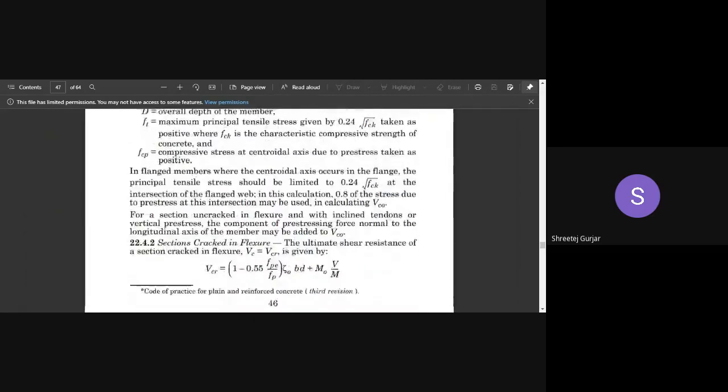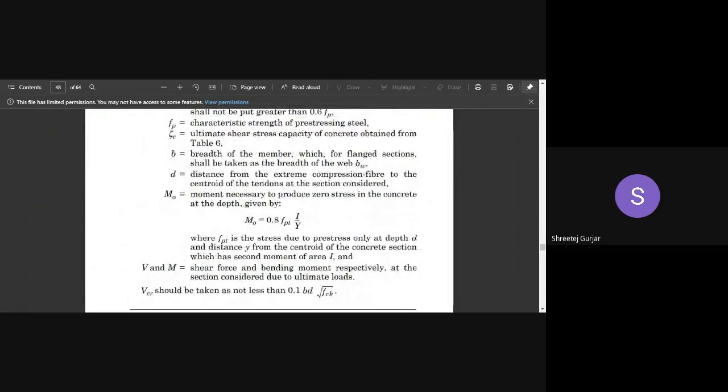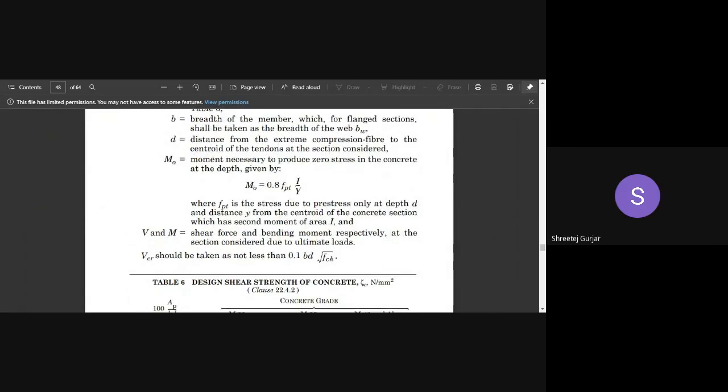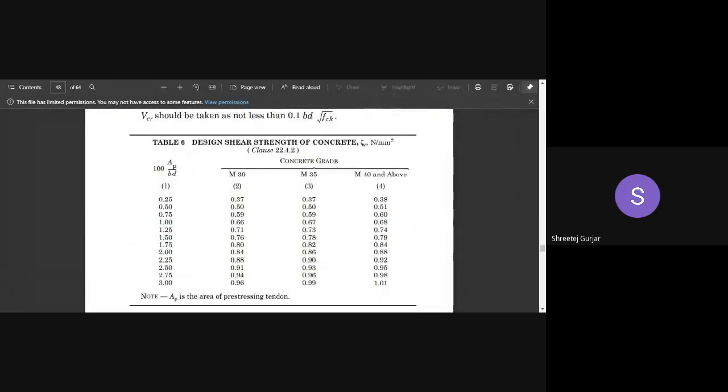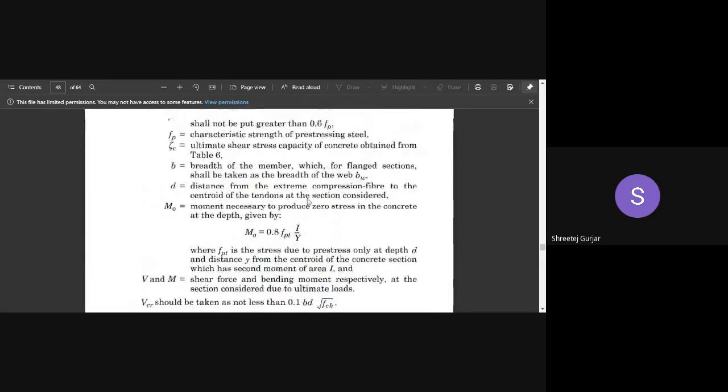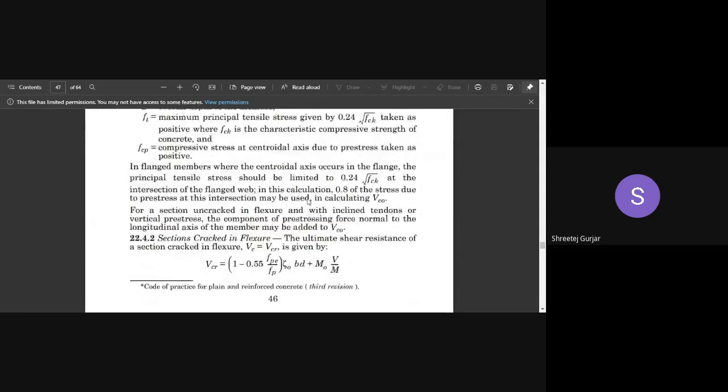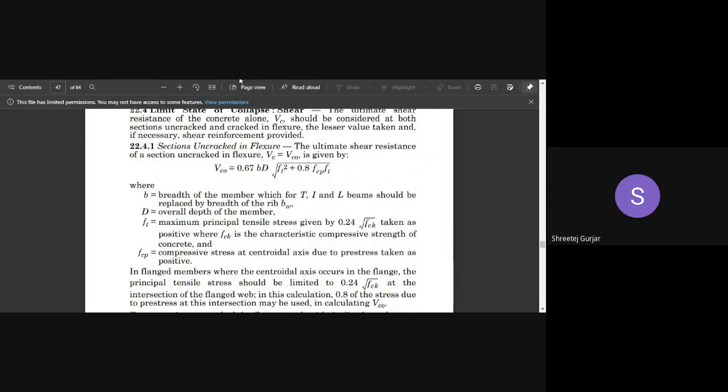All the things are mentioned here, so easily you can calculate and solve these numericals. No need to panic. The M0 equation is also provided. Table number 6 is at page number 47. Remember page number 46 and page number 47. Very important. With this, I think we can end today's session here.